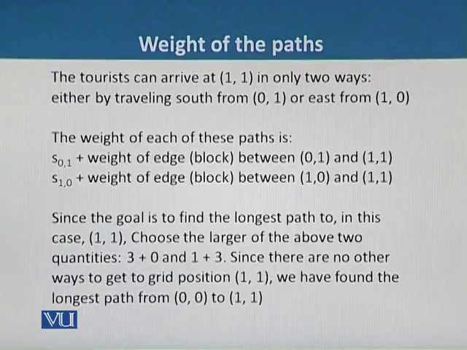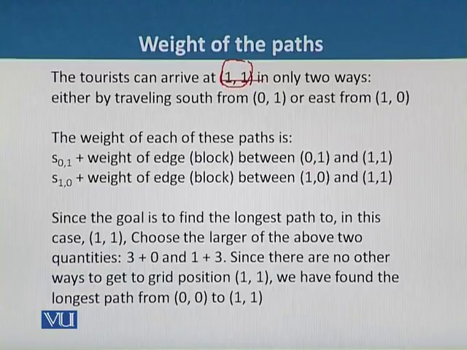If the tourist has to reach the point 1, 1, then the tourist has only two choices to reach this point. The one is either by traveling south from 0, 1 or east from 1, 0. So we can calculate the weight of either of these paths.